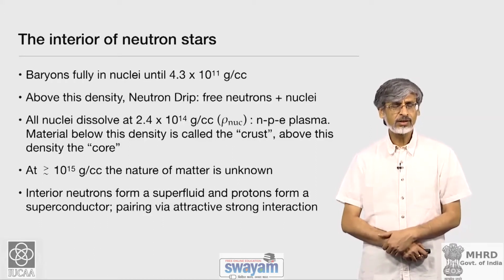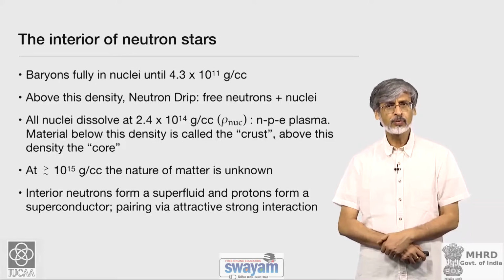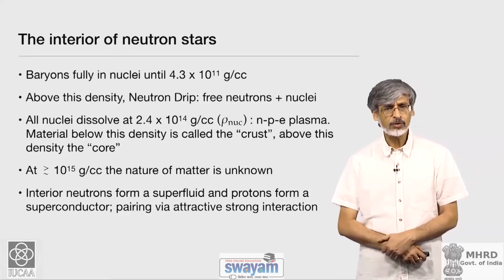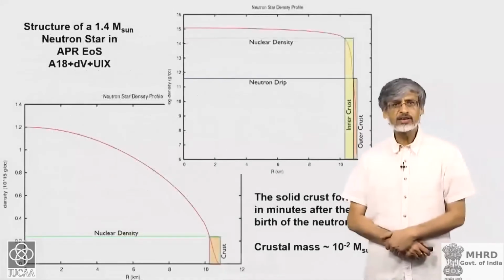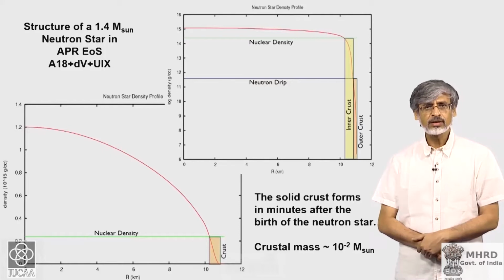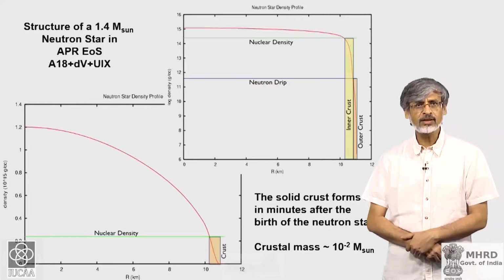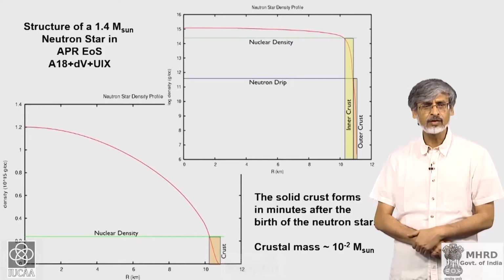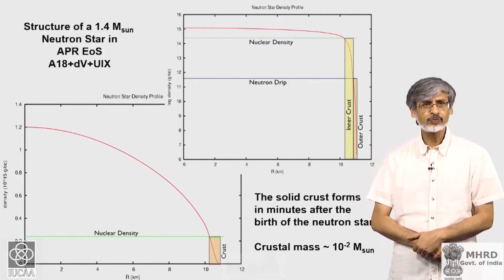For neutrons, it forms a superfluid, and the protons form a superconductor, and the pairing comes from the attractive strong interaction. So, if we look at the structure of a neutron star, for example, here is a computed structure of a 1.4 solar mass neutron star in a certain equation of state.